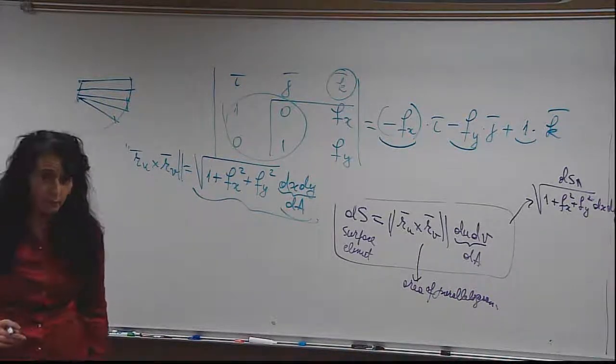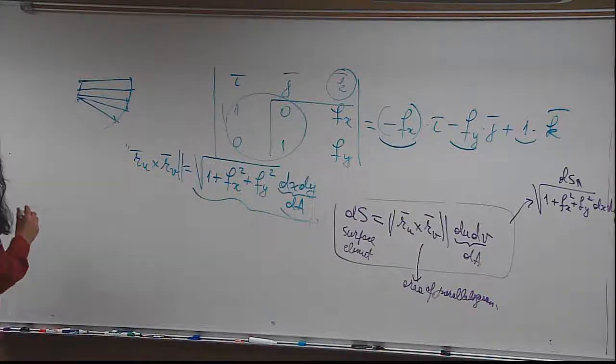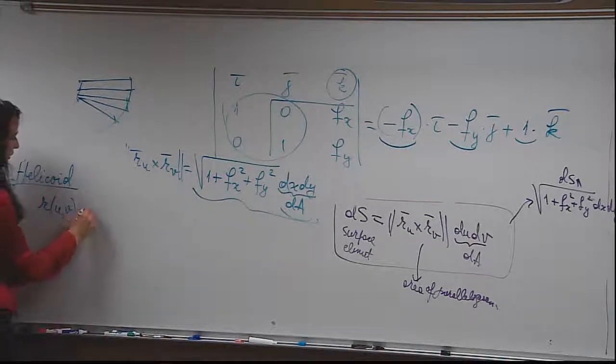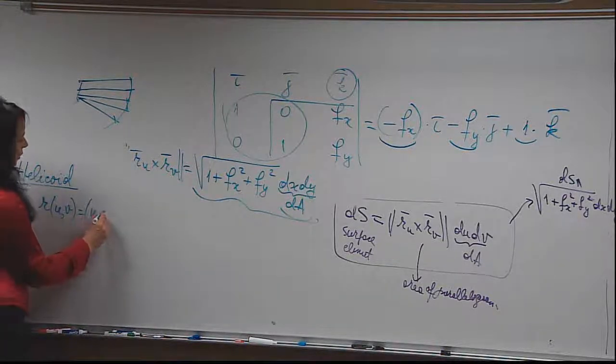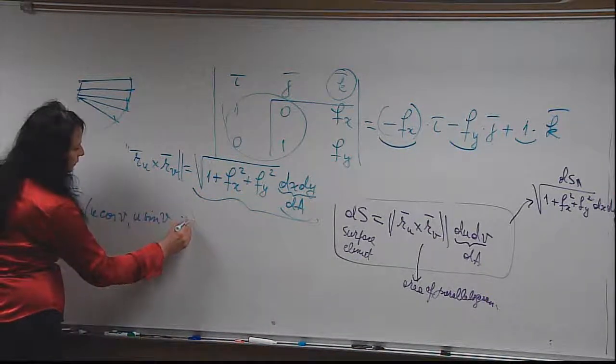This comes from a helix, obviously, and we have to understand why this happens. And I will introduce the surface called the helicoid. The helicoid will have the following parametrization. By definition: u cosine v, u sine v, and v.